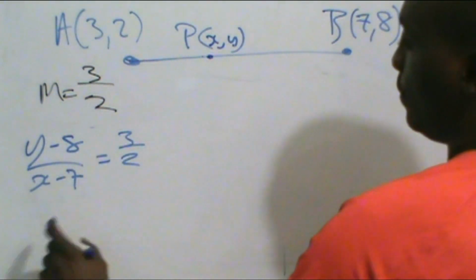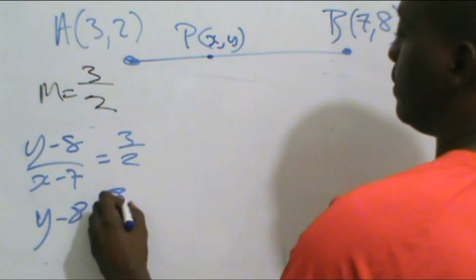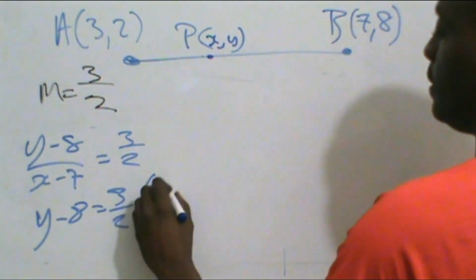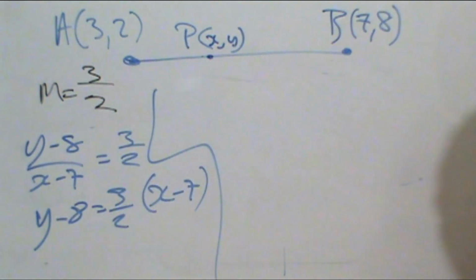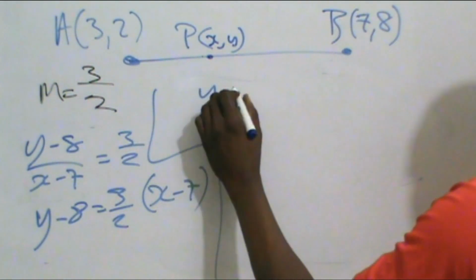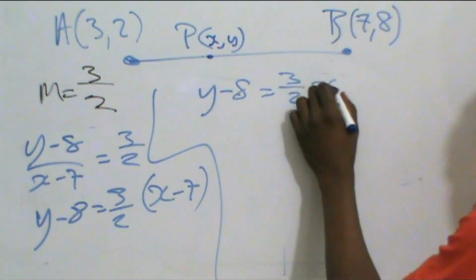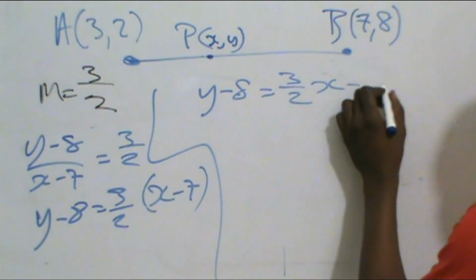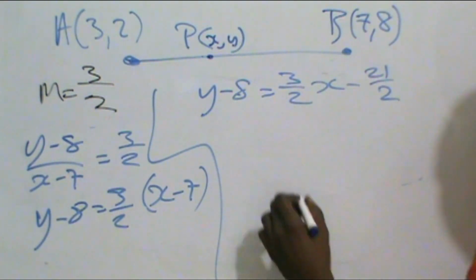Right? So y minus 8 is equal to 3 over 2 into (x minus 7). And we come again now and we say y minus 8 is equal to 3 over 2 x minus 3 by 7, which is 21 over 2. Alright?